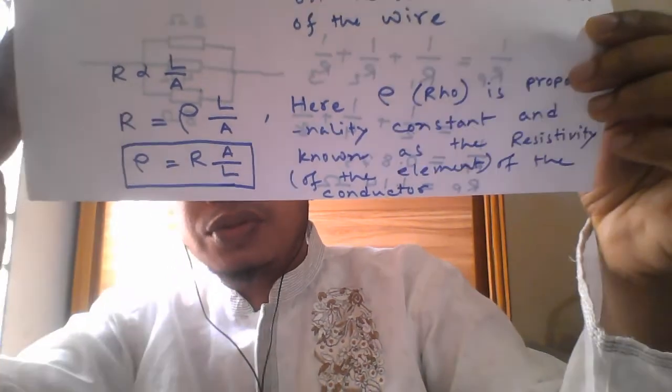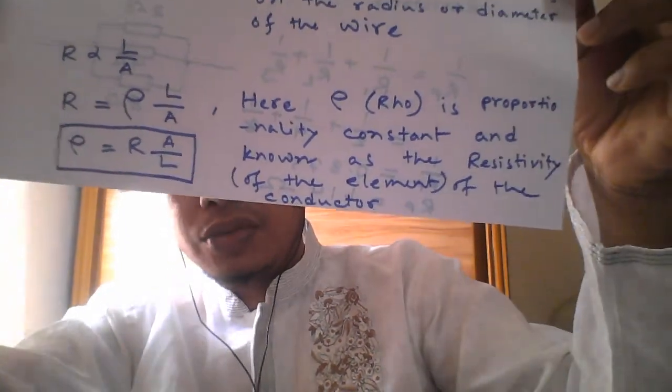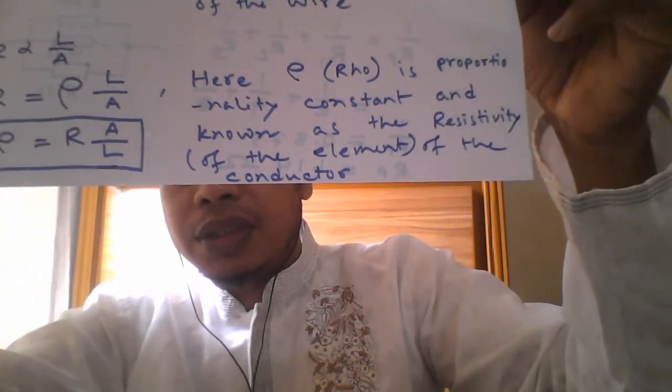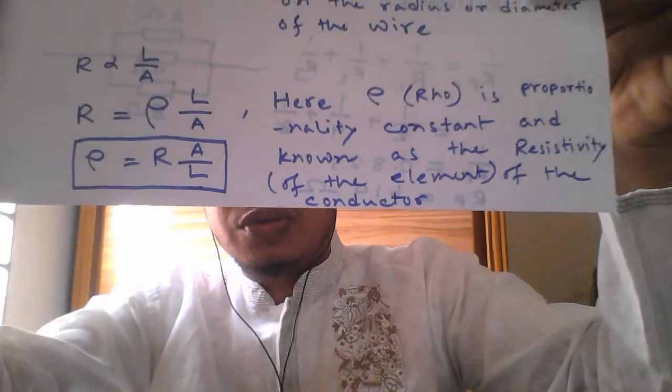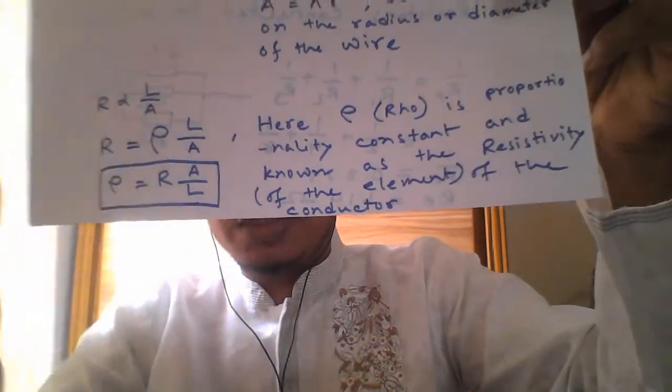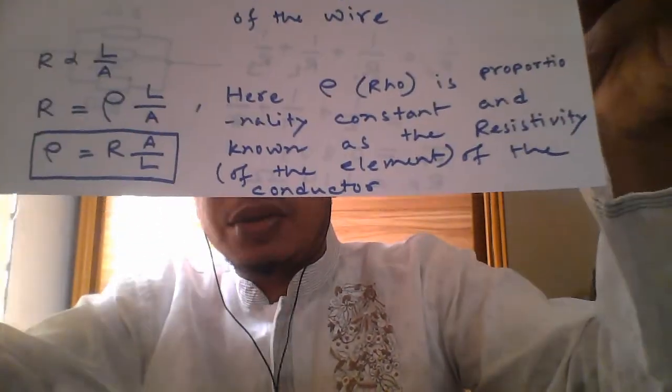So, according to the mathematical rules, we have here one proportionality constant.